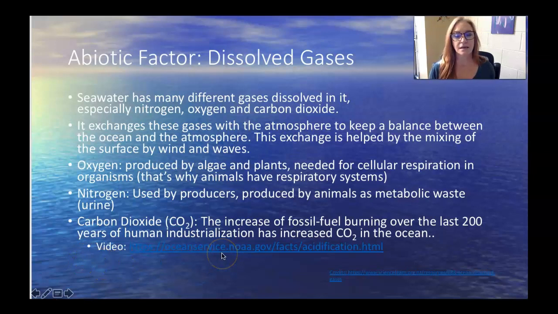Carbon dioxide is absorbed into the ocean, and it creates what's called carbonic acid, and that lowers the pH in the water, and that makes it hard for plankton, zooplankton, and invertebrates to build their skeletons and build their shells. And there's a video there that I will link below this one that you should go watch, okay?